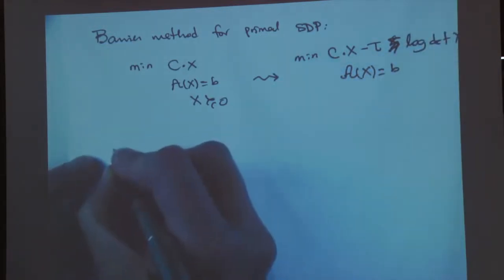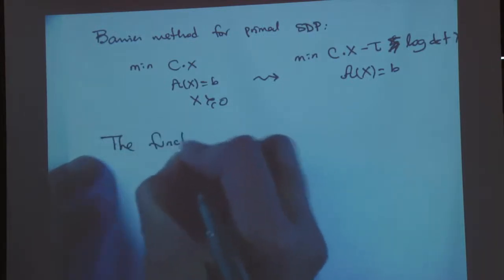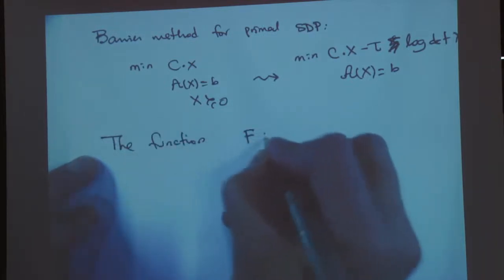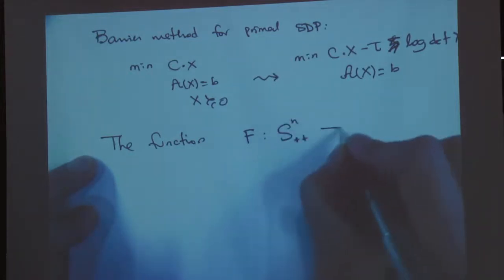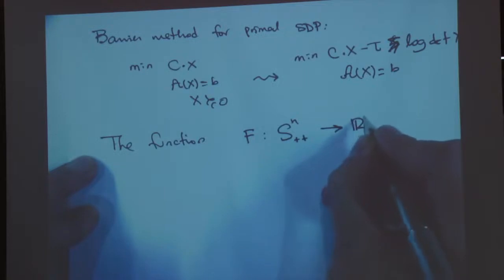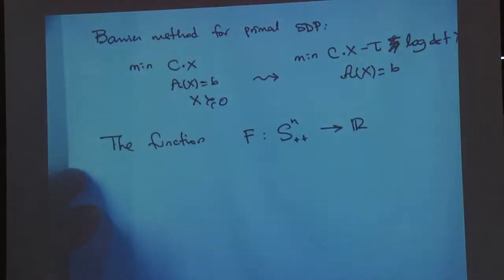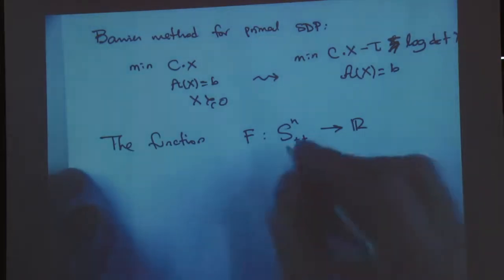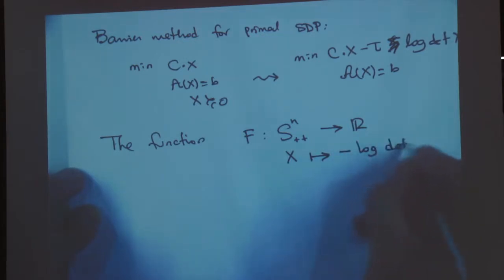So let me say a word about this function. This function f is defined from the set of positive definite matrices to R that takes x and maps it to negative log determinant of x.